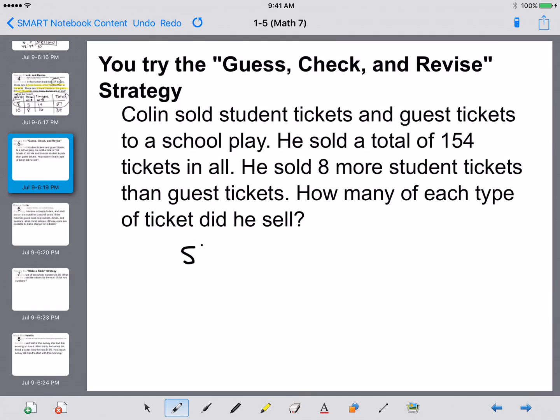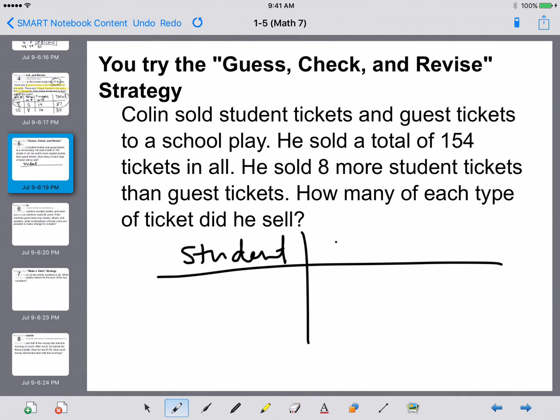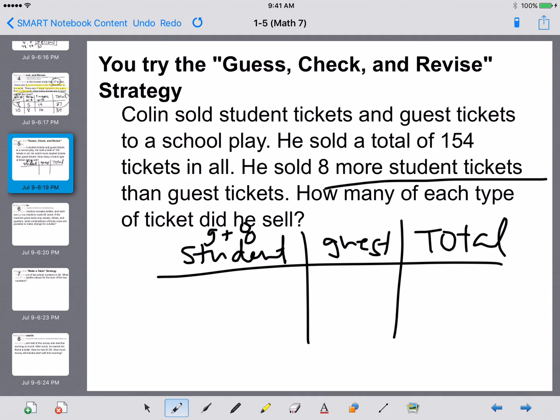So we've got student tickets, guest tickets, and then total tickets. And this one would be guest plus 8 because he sold 8 more student tickets than guest tickets. So 154.